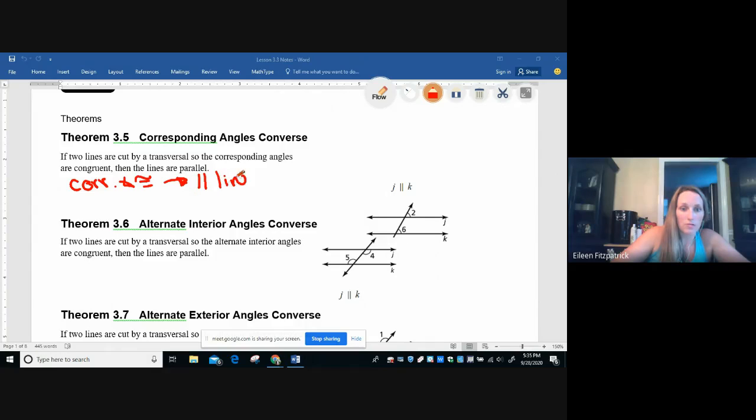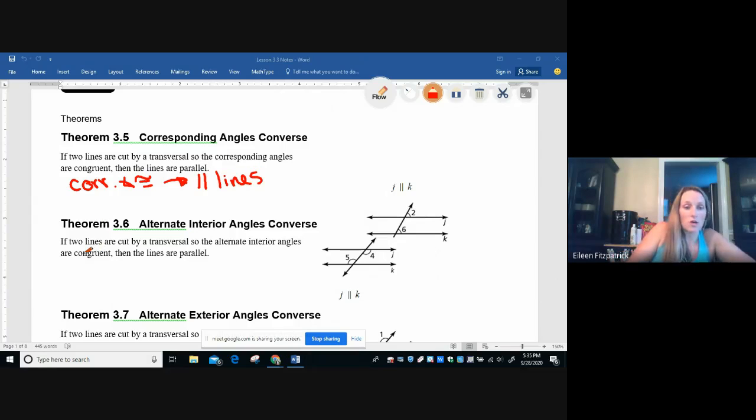So if you remember the other day, we said the opposite. We said because we know the lines are parallel, that implies that the corresponding angles are congruent. Now we're going to be starting with this information. We're going to be given that a pair of corresponding angles are congruent, and that's going to allow us to conclude that the lines are parallel.